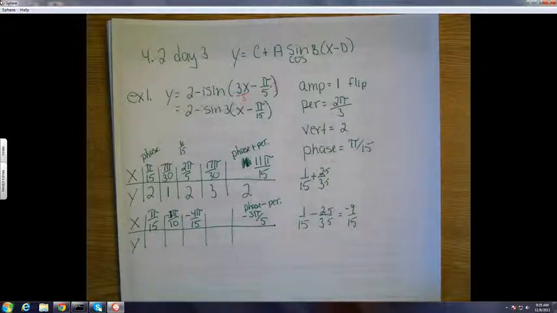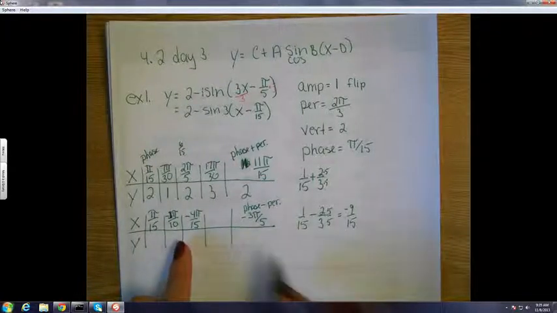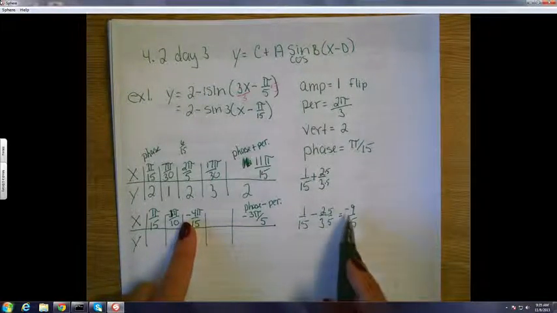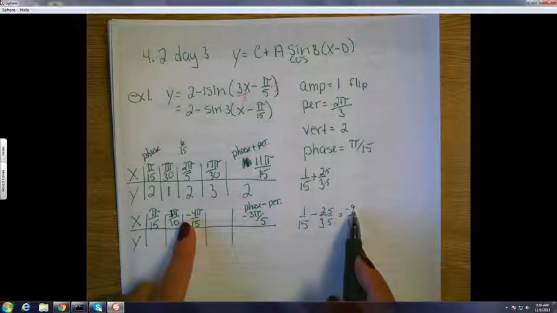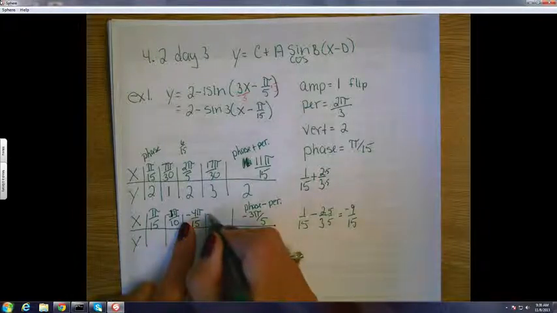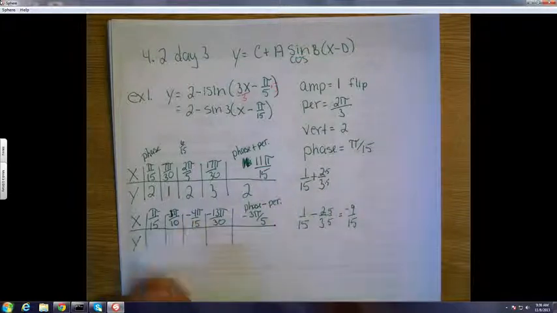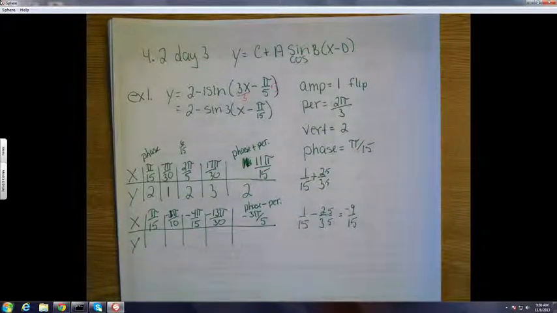If you need to write them down, just write them down. And then our last one, negative 4 plus a negative 9 is negative 13/15 times a half. Negative 13/30. Those are ugly.